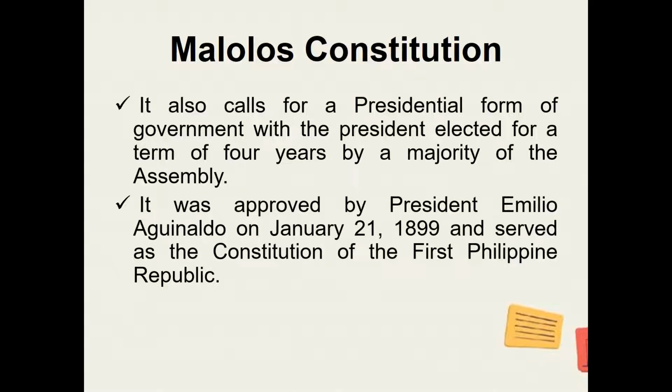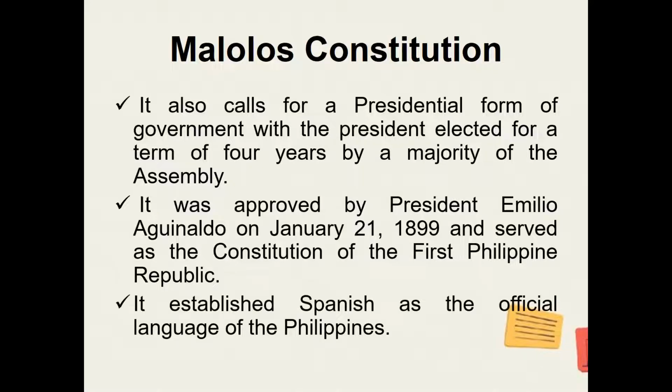How about in the Philippines now? 6 years, but you can only hold office for 1 term. 1 term is equivalent to 6 years. Who approved the Malolos Constitution? President Emilio Aguinaldo on January 21, 1899, and it served as the constitution of the first Philippine Republic.